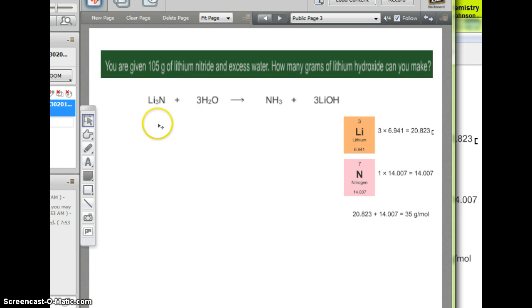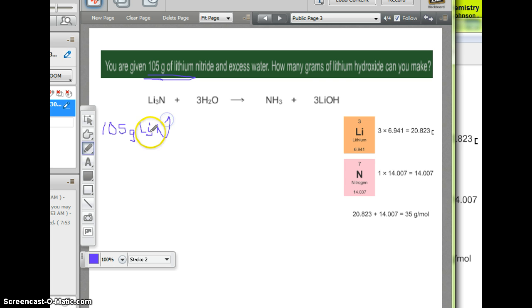I switched over to our whiteboard, and I want to talk through the steps again because, once again, you just need to practice and repeat these. When you start out with your problem, I started with 104 grams of lithium nitride. The very first thing you want to do is just write it down, because that tells you where you're going to start.